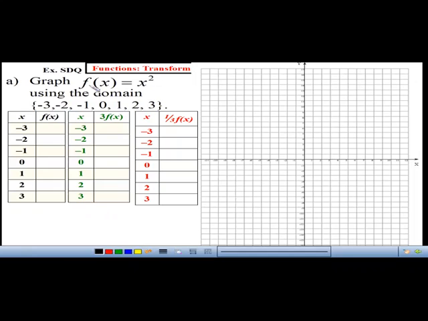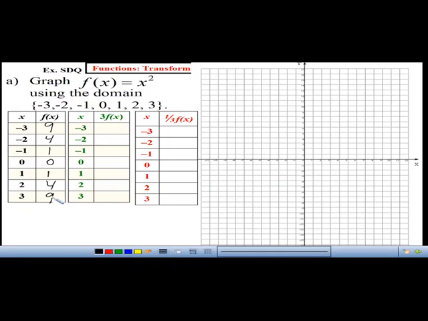Before we went to break, I told you this is a parent function, and you need to memorize this process because this is the one we're going to use the most. So I have x = -3, and if the function is x squared, that means I'm going to square -3. What is -3 times -3? 9. -2 times -2, 4. -1 times -1, 1, 0, 1, 4, 9.